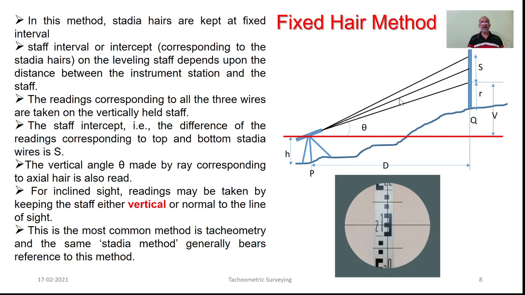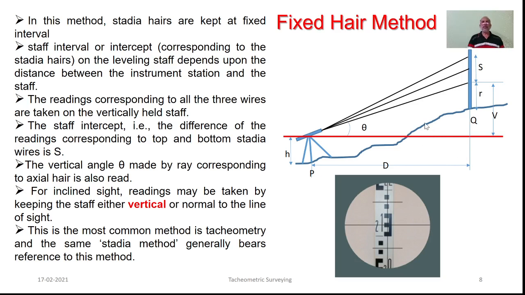So for such inclined line of sights, the reading could be taken by keeping the staff either vertical or normal to the line of sight under this particular category of tacheometry, but we'll touch this particular part, that is keeping the staff normal to the line of sight, as we move ahead.